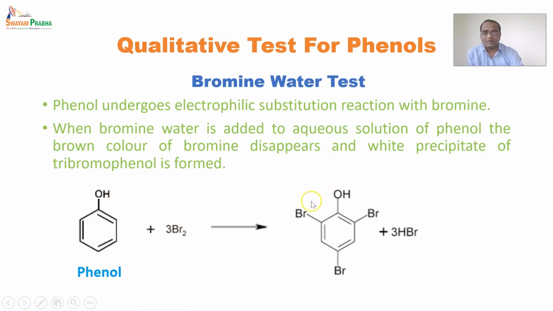It shows an aromatic electrophilic substitution reaction, due to which bromine is substituted at the ortho and para positions. One more learning here is that phenols act as ortho para directing groups, and such a reaction can also be seen in the halogenation reactions of phenol.